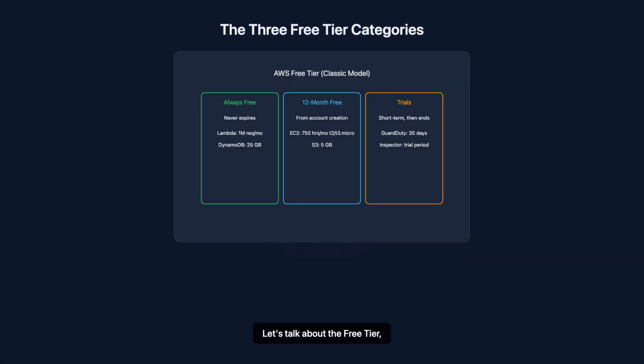Let's talk about the free tier, because it splits into three categories you need to keep straight. First, always free. These offers never expire. Lambda gives you 1 million requests a month, and DynamoDB gives you 25 gigabytes of storage, indefinitely. Second, the 12-month free tier. These start the day you create your account and run for a year.